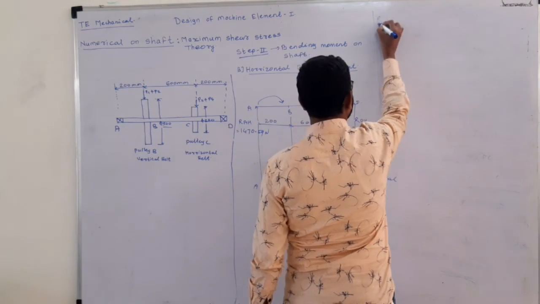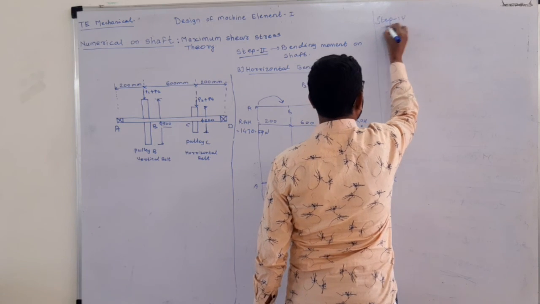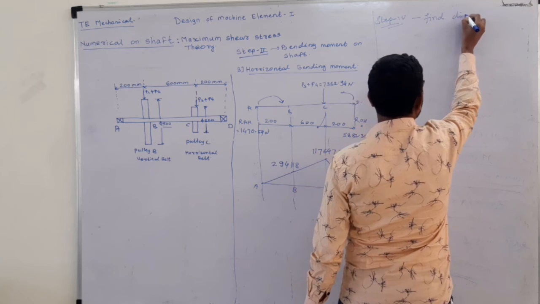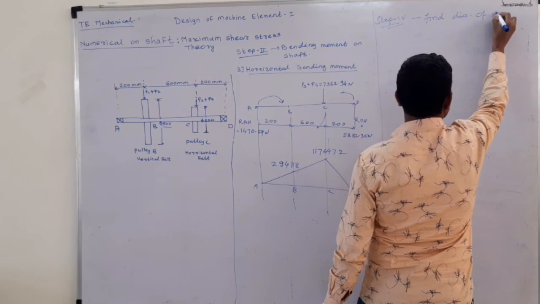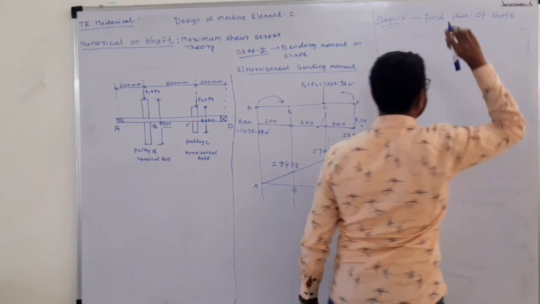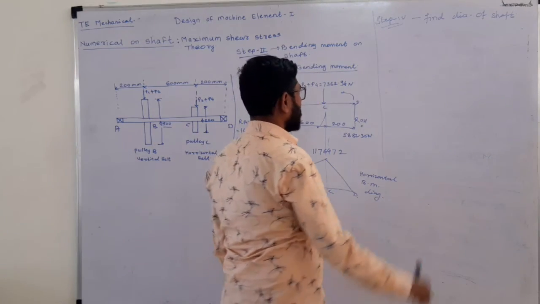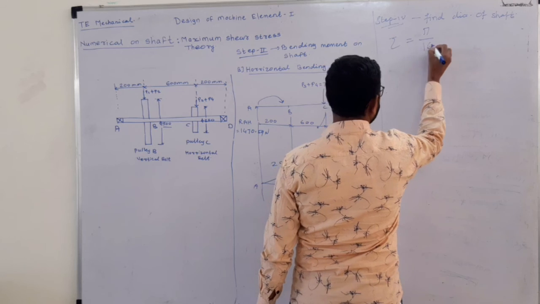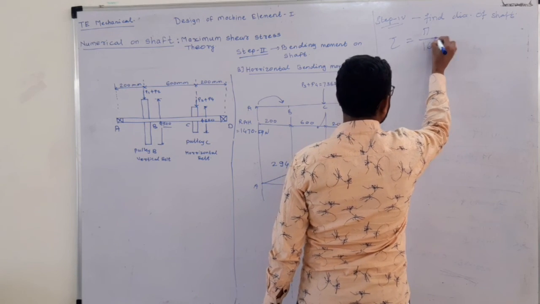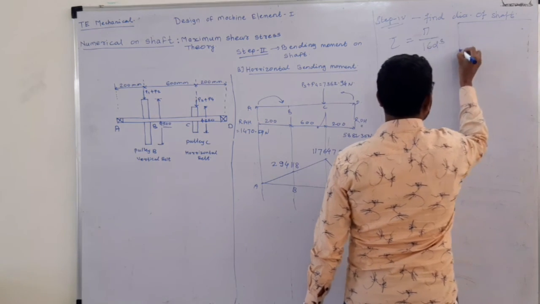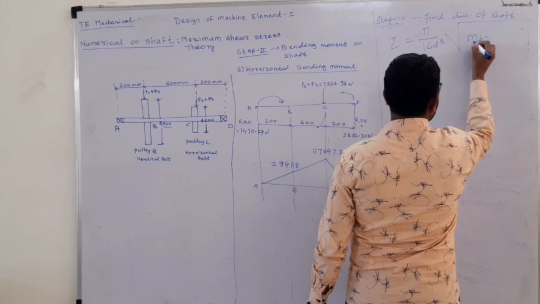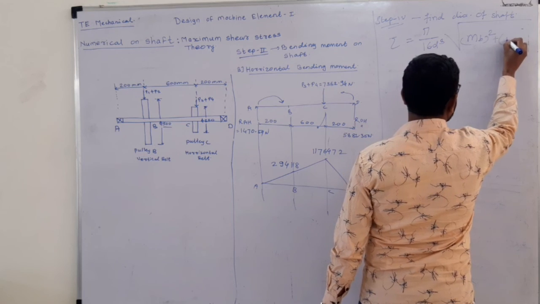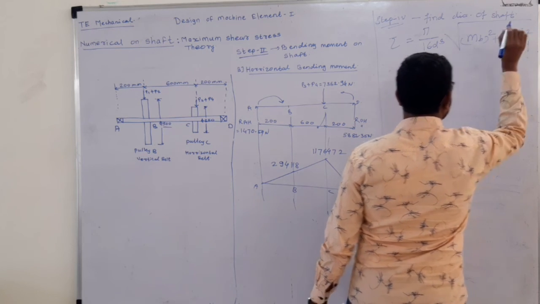And last, step 4 is to find the diameter of the shaft. How to find the diameter of shaft? We know that tau equal to pi by 16 d cube under root of MB square plus MT square.